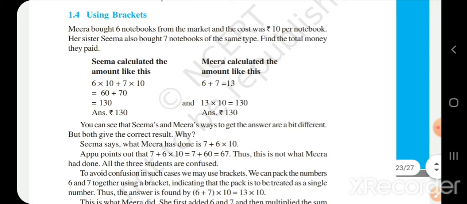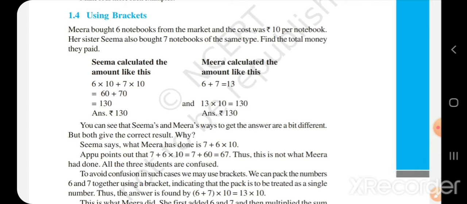So here Seema calculated the amount like this. 6 into 10, means cost of one notebook is 10, so cost of 6 notebooks is equal to 6 into 10 plus 7 into 10, means 7 notebooks bought by Seema into 10. So 60 plus 70 is equal to 130. So the answer is 130 rupees.